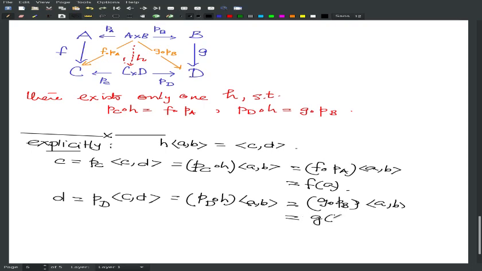So this is G. So explicitly, H of AB is F of A, G of B. But you see, this H is completely determined by these two equations.